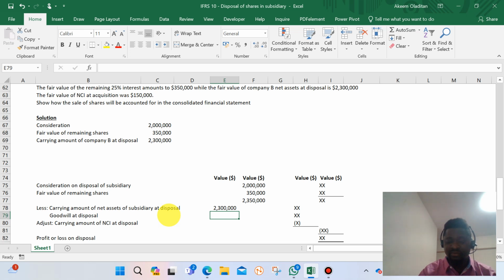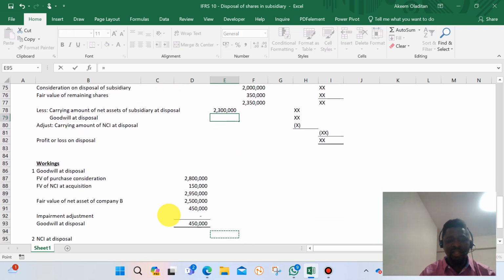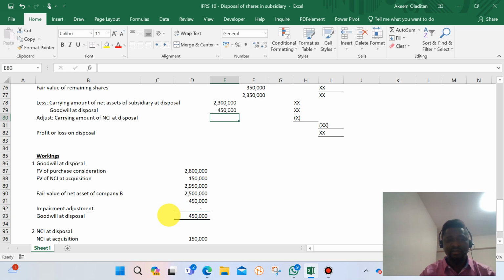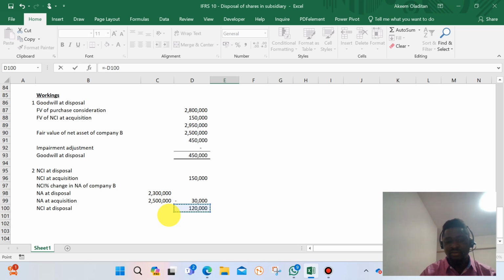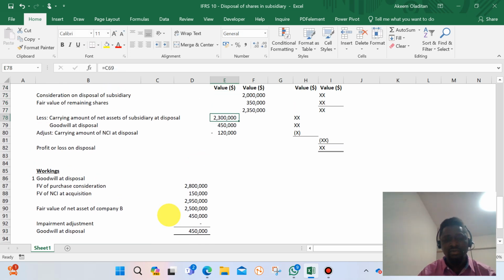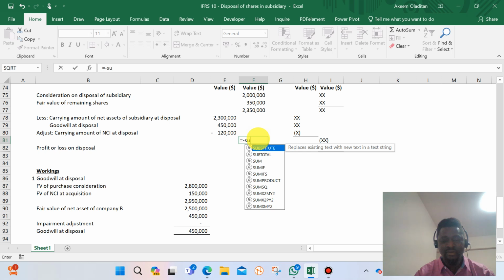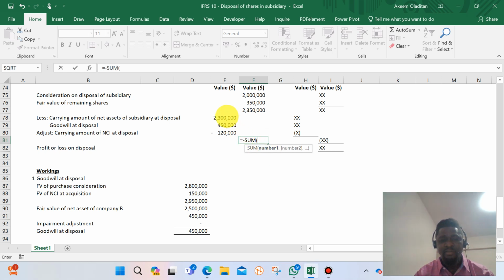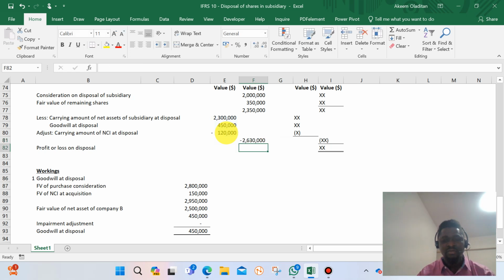Goodwill at disposal is this. Then we adjust, which is a negative, that is the NCI at disposal, this 120. So when we sum all these three together, we now take it off. So here we now say minus sum, enter. So that's the value that we are taking out.